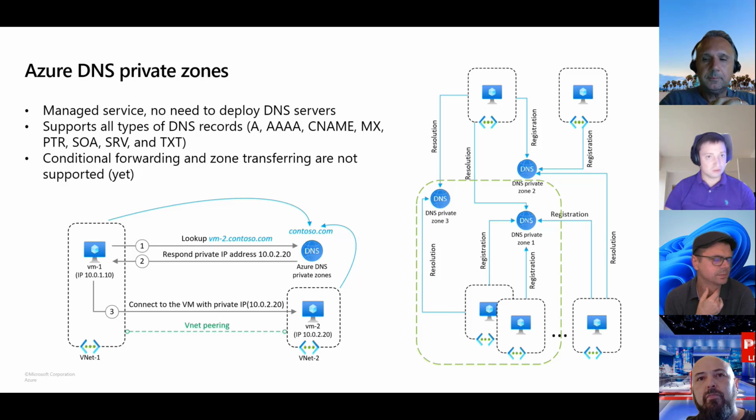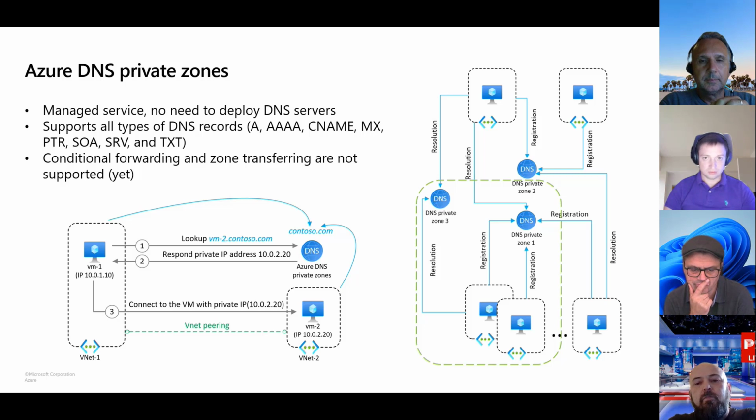And they allow full control and governance of the entries, without any manual interference in the auto-created entries. So that's the beauty of that. Conditional forwarding and zone transfers are not supported yet. I've seen that they are in the backlog of future development, but it's not yet implemented.